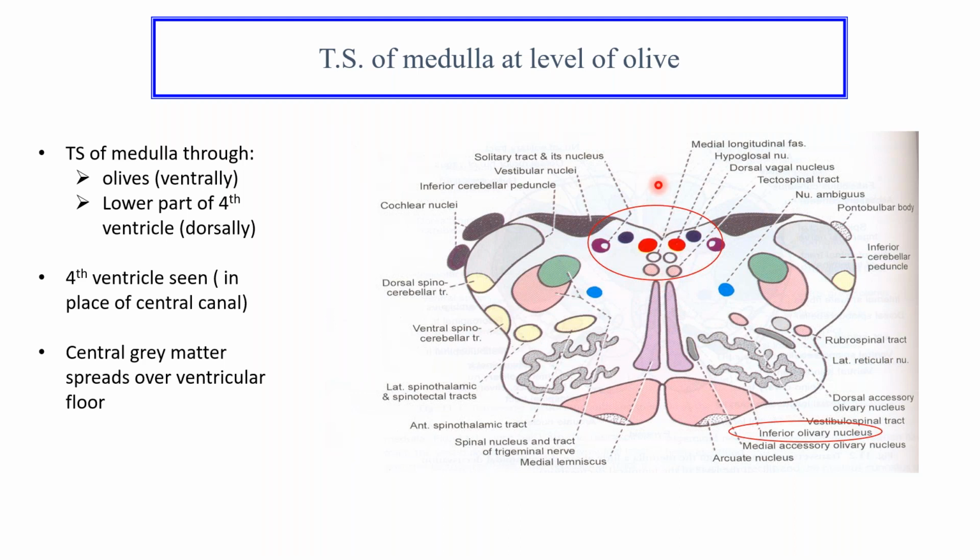medulla. So you see the fourth ventricle, and the central gray matter is spreading over the entire ventricular floor. The gray matter, which was more centrally placed, is a little bit displaced posteriorly, and is now almost posterior to the ventricular floor.